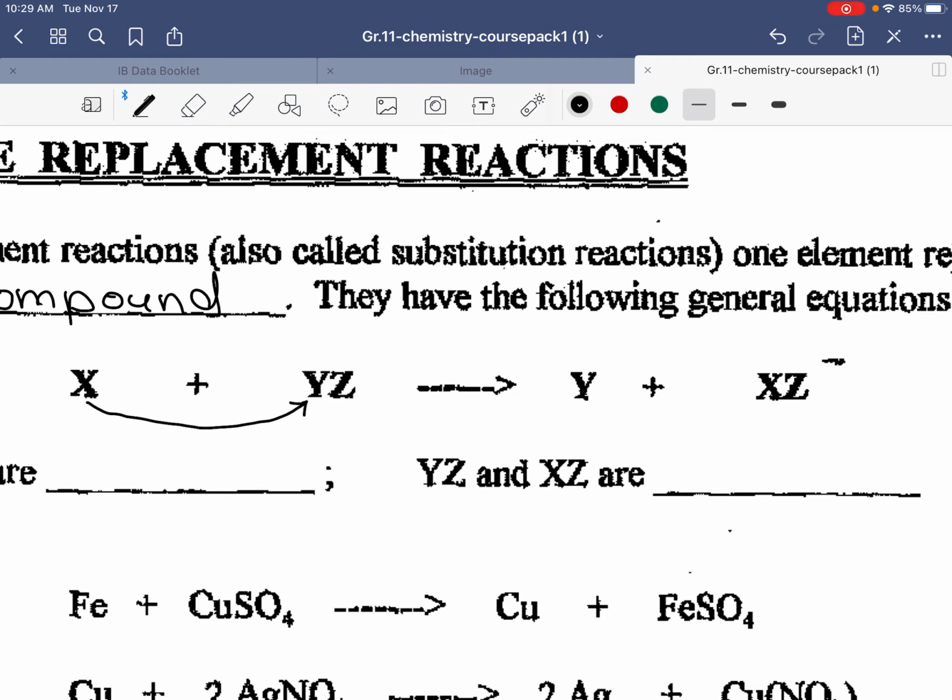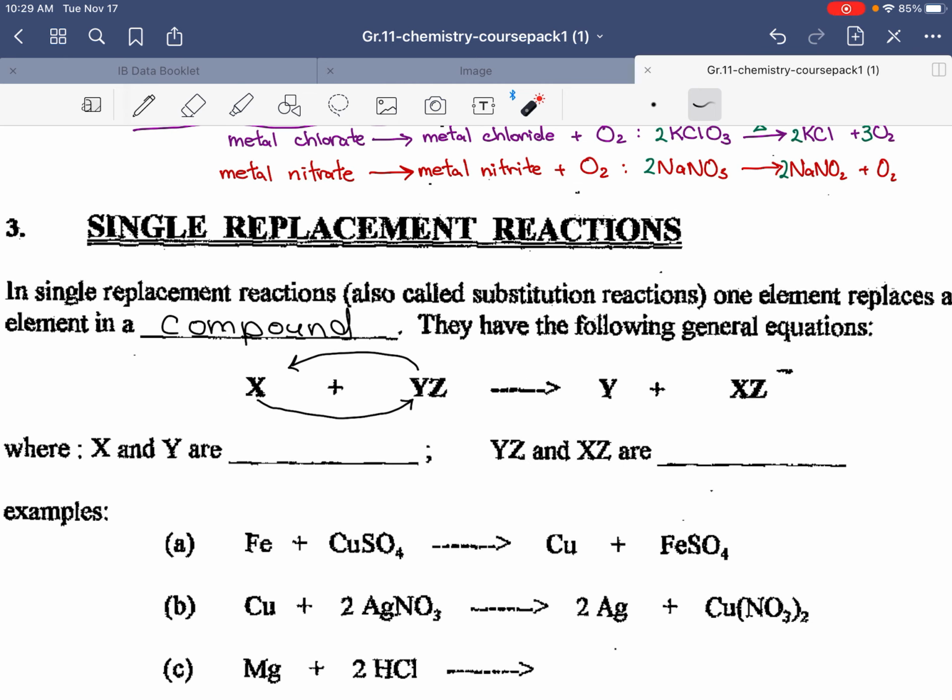Okay, so what happened here is that Y gets kicked out of this relationship with Z. Y being all alone now, as you see, and what you'll also see is a compound known as XZ. Where X and Y are, of course, elements, this general reaction is trying to show us, and YZ and XZ are compounds.